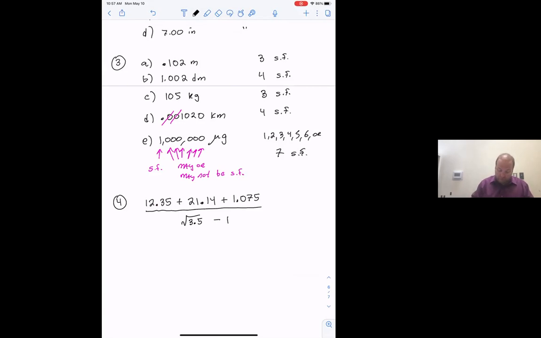And we do first the numerator, 12.35 plus 21.14 plus 1.075. So this gives me 34.565 over. Now I'm going to put an approximate equal sign here because when I do the square root of 3.5 and then subtract 1, I'm only going to write a few digits here, 0.871.